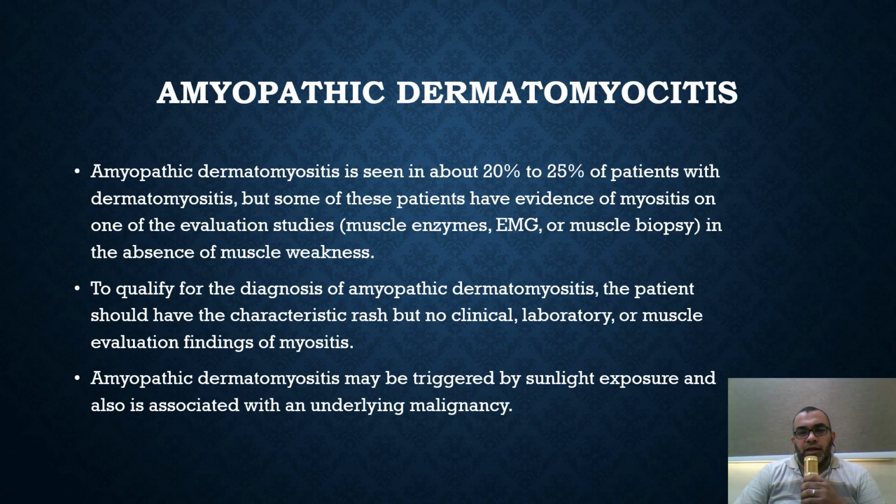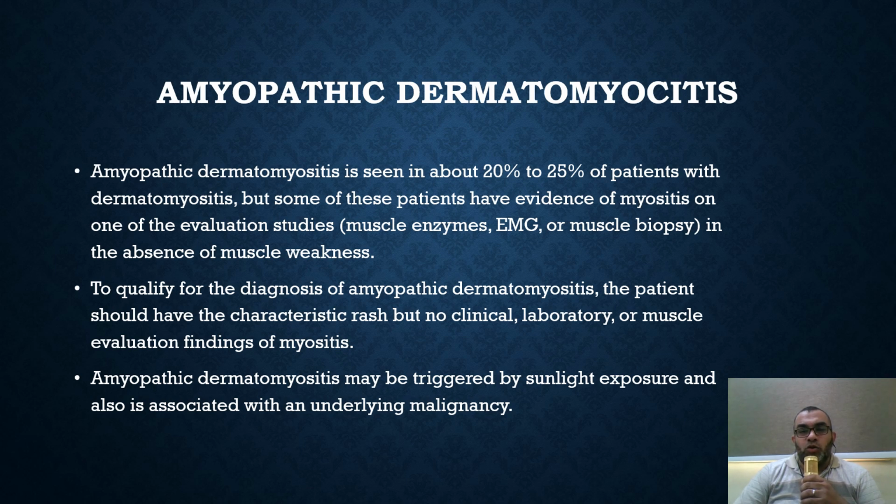Amyopathic dermatomyositis is seen in about 20 to 25% of patients with dermatomyositis, but some of these patients have evidence of myositis on one of the evaluation studies, such as muscle enzymes, EMG, or muscle biopsy in the absence of muscle weakness clinically.